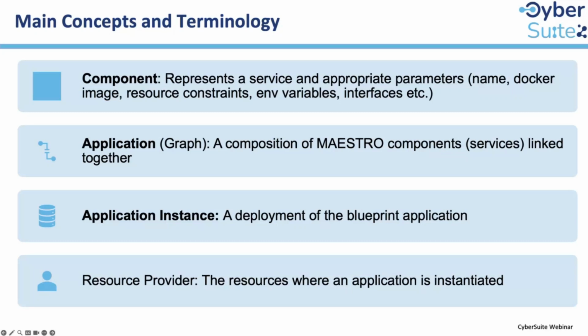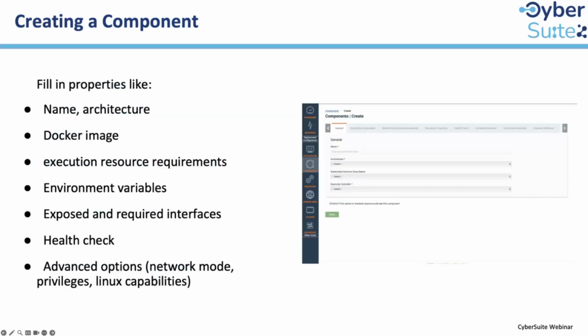Together, this creates an application instance that is a deployment of a blueprint of an application. And of course, we have the different resources on which these applications can be deployed. So I am trying to explain how MAESTRO works, so how someone can use MAESTRO in reality.